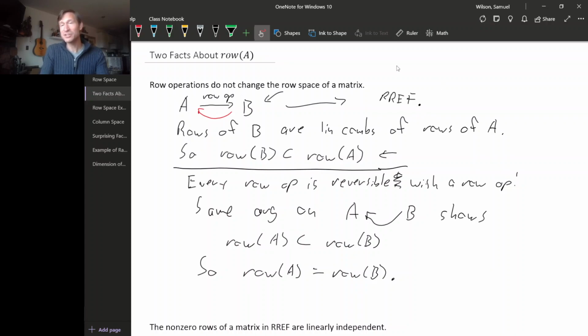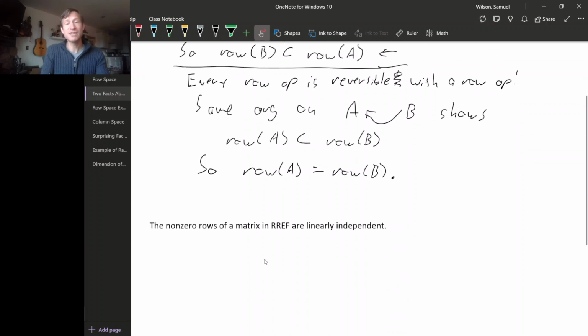And the reduced row echelon form is nice because the non-zero rows of a reduced row echelon form matrix are linearly independent. And this means that, once we have proved that this is true, we know that the rows for the reduced row echelon form span the same row space as we started with.